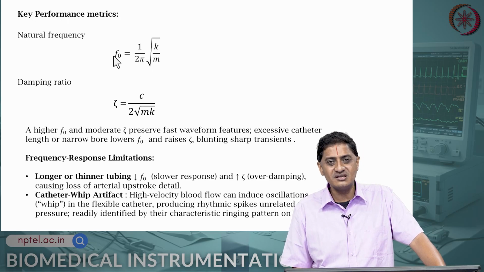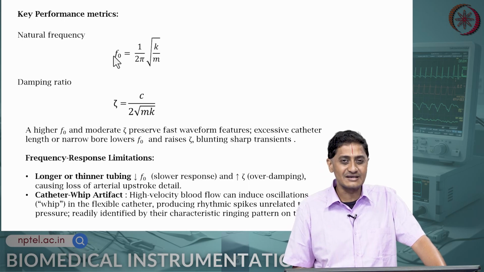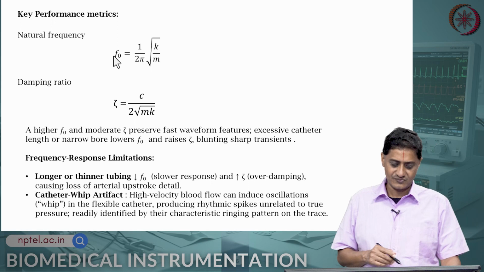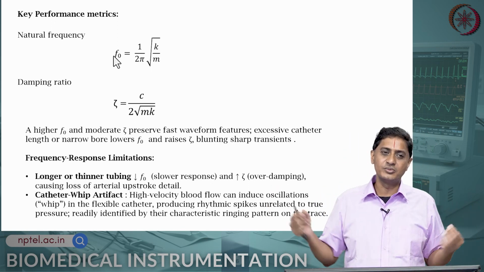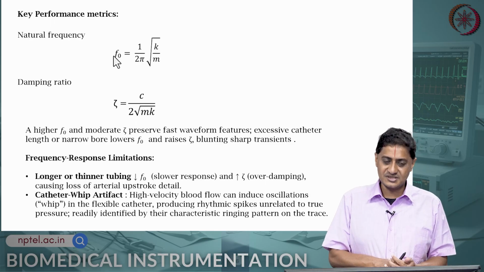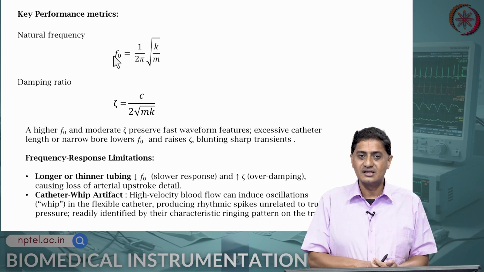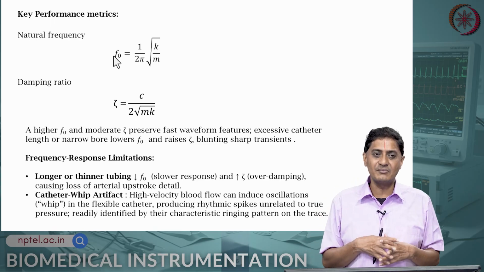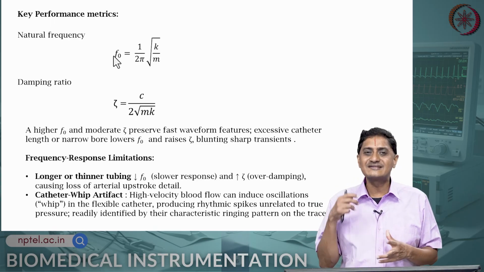So, essentially the frequency response is dependent on the catheter characteristics. I already mentioned this. Longer or thinner tubing will reduce the natural frequency and increase the damping, causing loss of sudden changes.